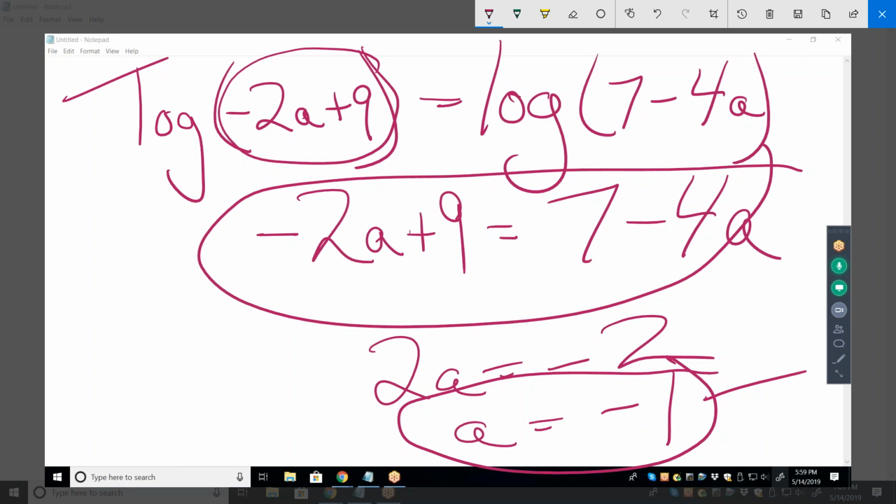You got to go to row 1. Because a lot of times it'll pass row 2, but it'll fail the domain test on row 1. That's just an oddity about logs. And you just have to be aware of that.